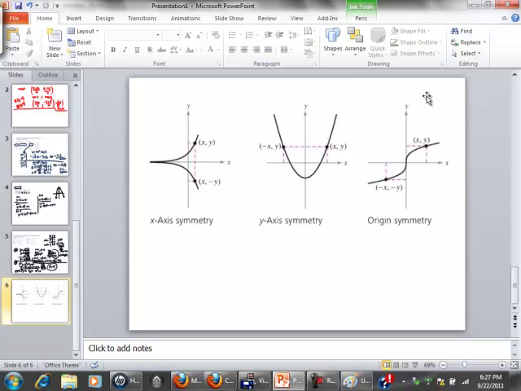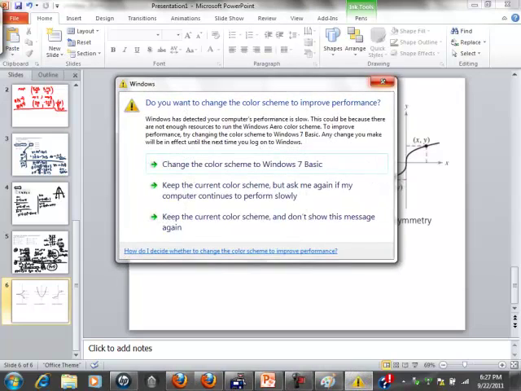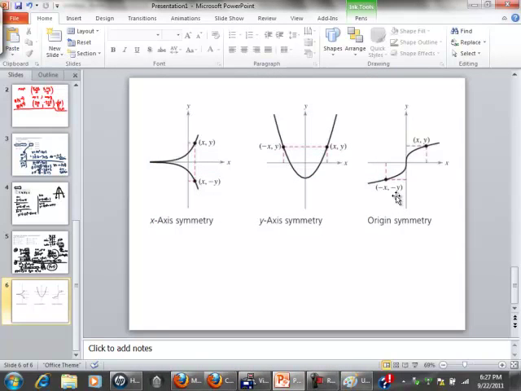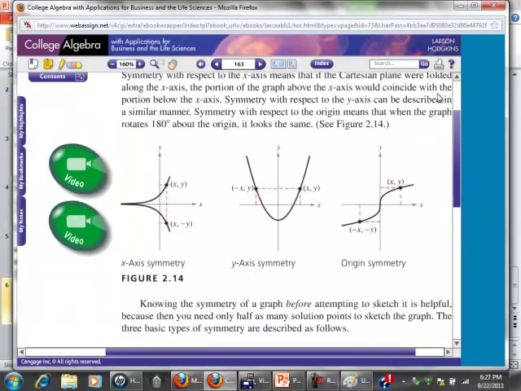Whatever's in the first quadrant gets reflected about the origin over to the third quadrant, and vice versa. If there's something in the second quadrant, it'll get reflected over the origin and end up in the fourth quadrant. If you have a picture, you can tell by the picture, but you're not going to be given a picture. You're going to be given just the equation of the function.